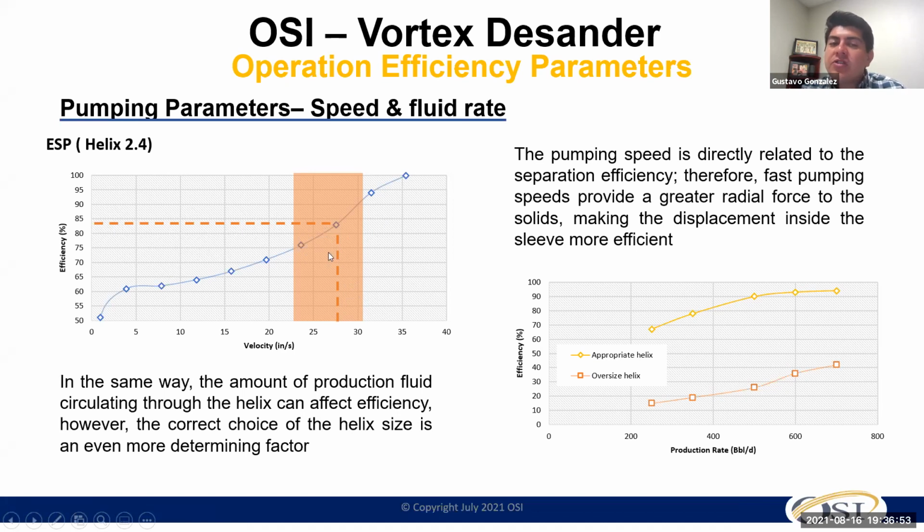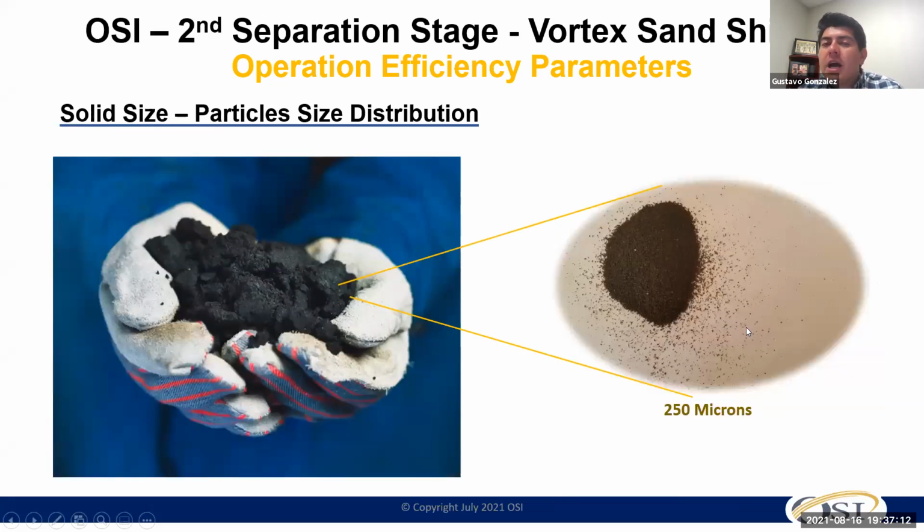You're going to see those changes once you start depleting this well and you start changing operational conditions. Same thing in the case of a rod pump. That's what we always talk about, the appropriate helix for the right ranges. You don't want to be oversized. You want to keep on the right parameters so you're able to get standard conditions.